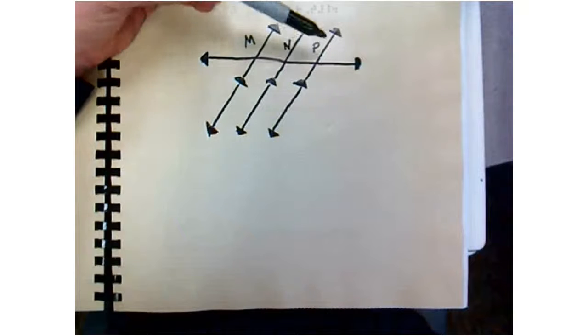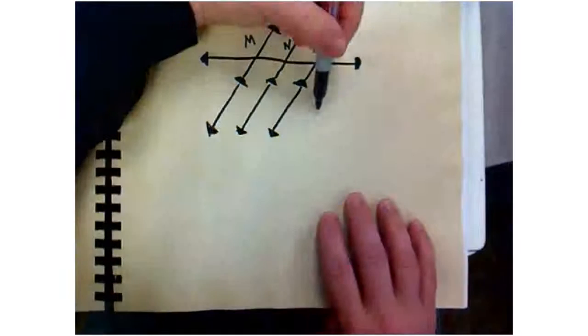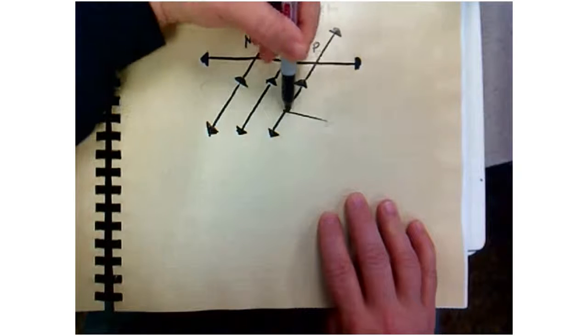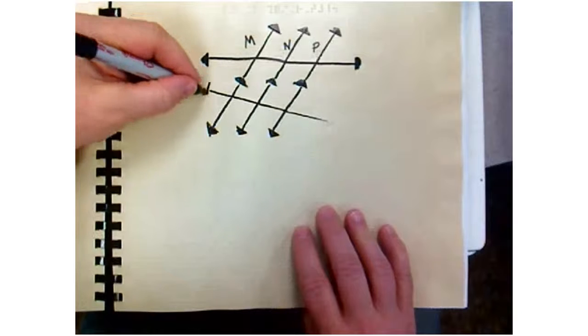So M, N, and P, all right? Those are the intersection points. Then down at the bottom, there's another transversal that's skewed, running from about 10 o'clock to 4 o'clock.